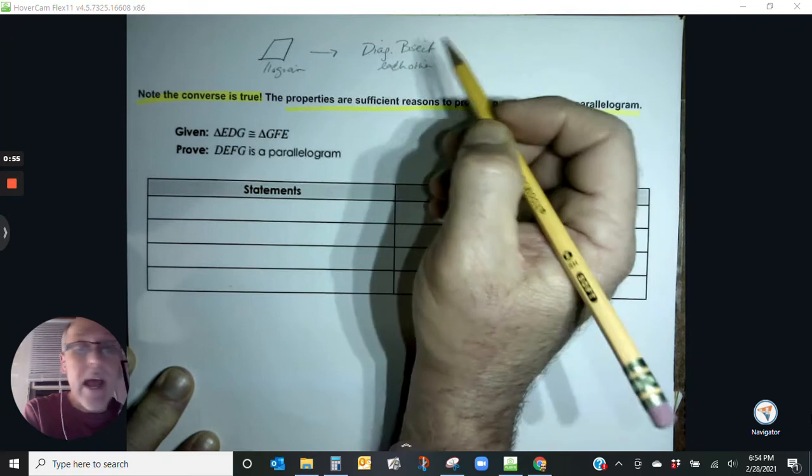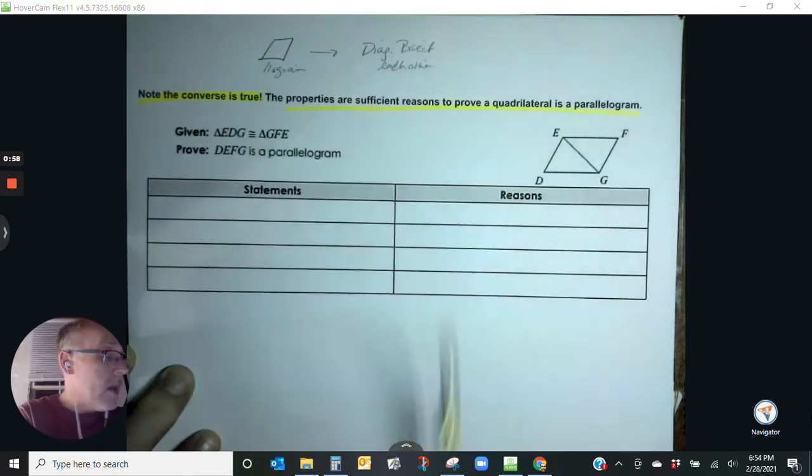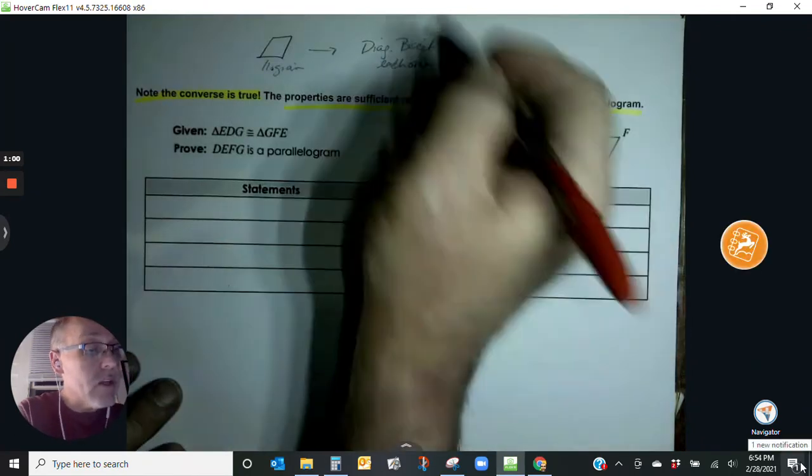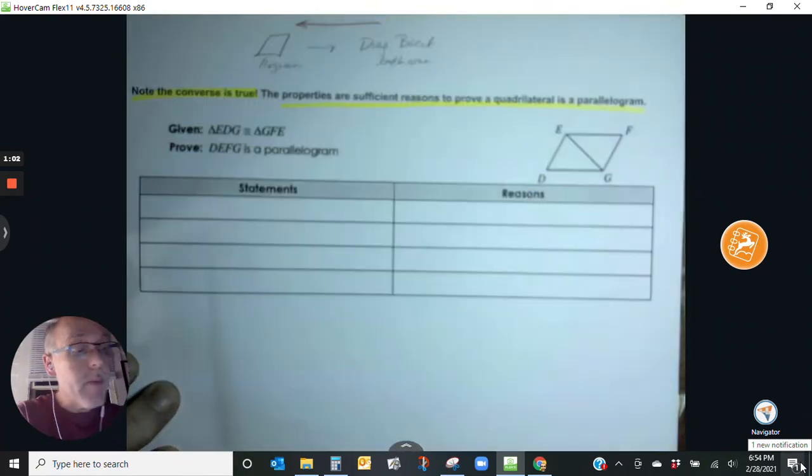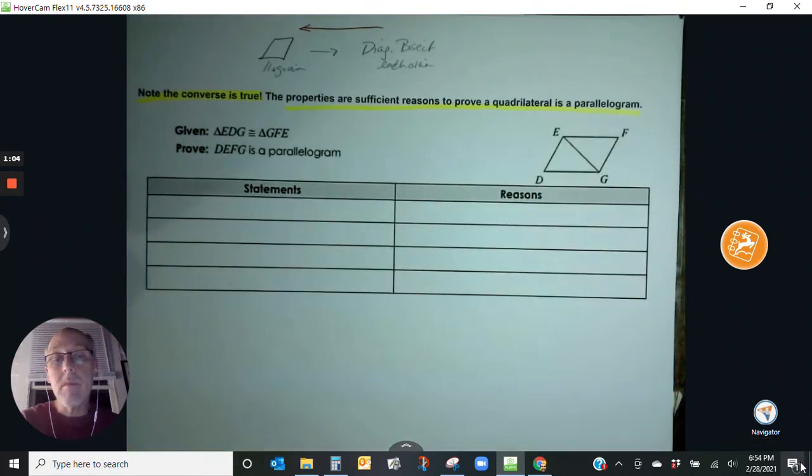Well, now you can go the other way and you can say, you got diagonals bisect each other, you got a parallelogram. We don't have two diagonals here, we just have one, but that's an example. All right, the converse happens to be true.